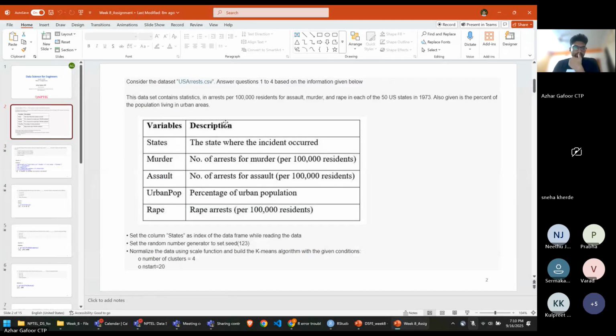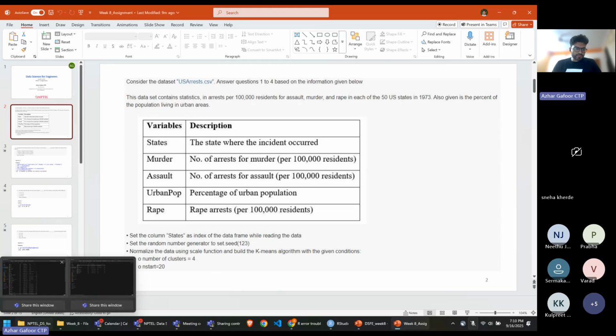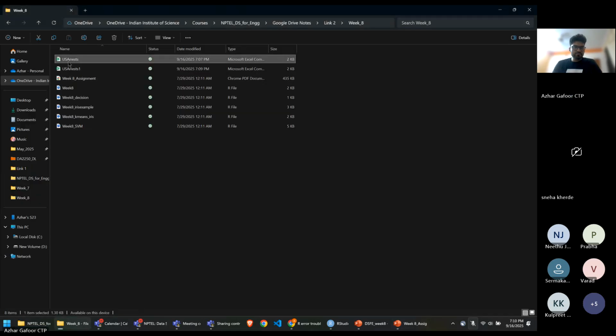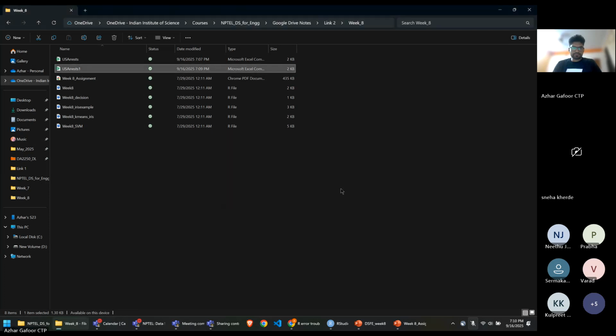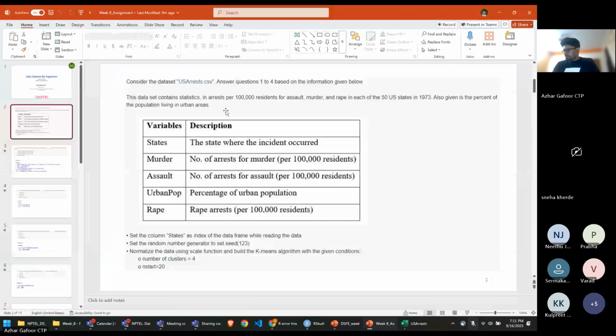So this is the first question. So we have a data set. I'll show you the data set first. So we have a data set of arrests that have happened in the US for different crimes like assault, murder, rape, and urban population.